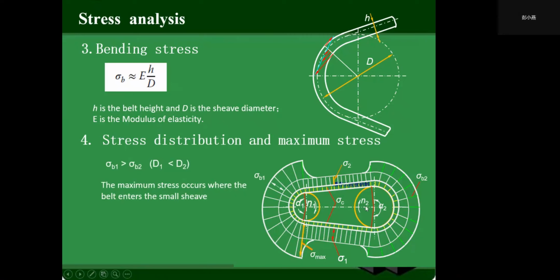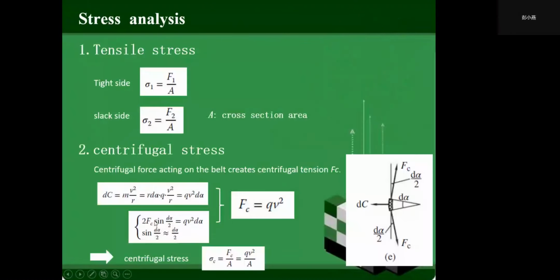And this figure represents the stress distribution and the maximum stress on the belt. The maximum stress is the tensile stress sigma 1 plus the bending stress sigma B1 plus the centrifugal stress sigma C.